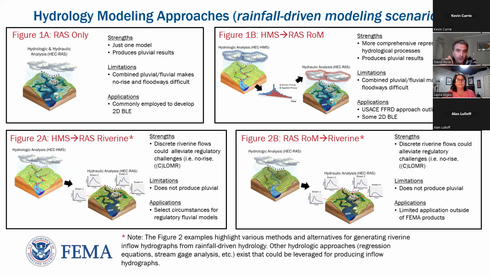So it's easier to do a no-rise if you have a stream flow time series routing through your model, and you don't really have to worry about the precipitation or the pluvial flooding occurring. And so we spent some time just quantifying the various strengths, limitations, and applications of these various approaches to modeling and incorporating hydrology and hydraulics together. Next slide.